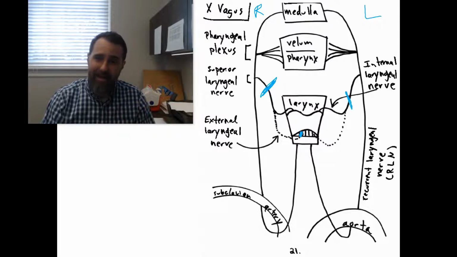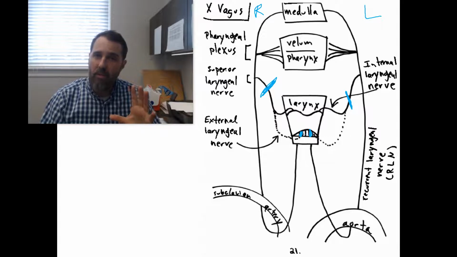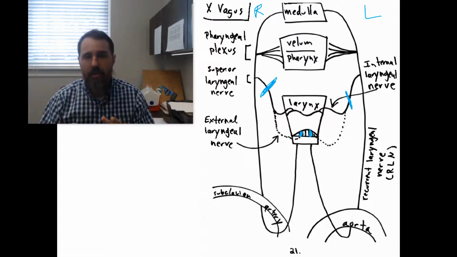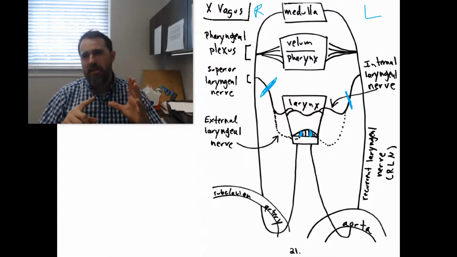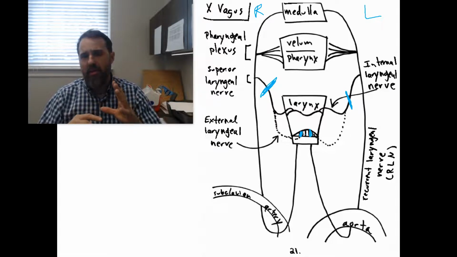Now, if we have bilateral damage, taking out both SLNs, right and left, then both sides of the cricothyroid muscle are going to be flaccid, meaning that with one damaged, you're probably still going to have some ability to tense the vocal folds.